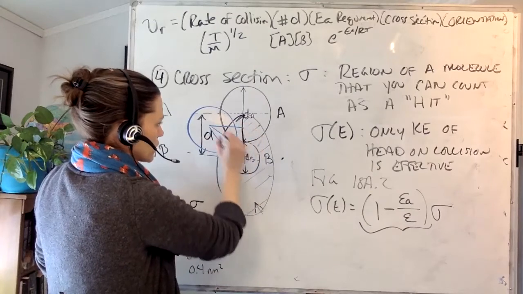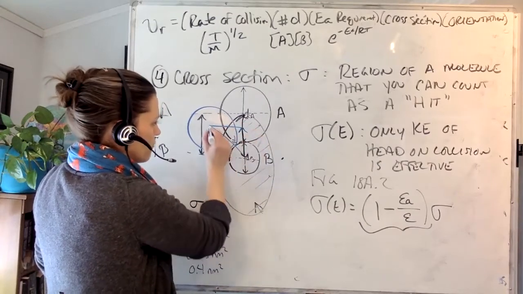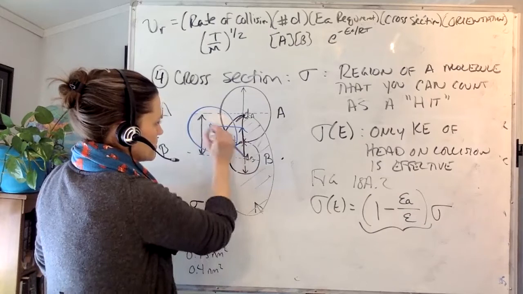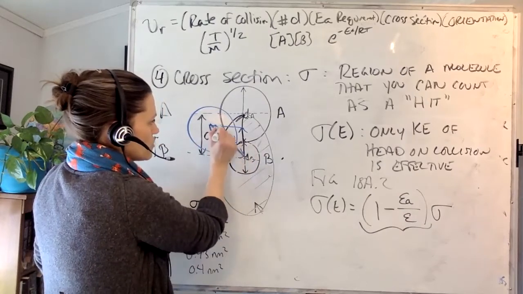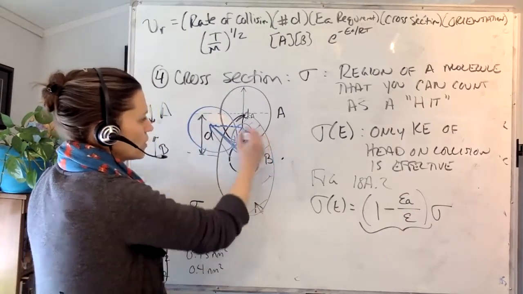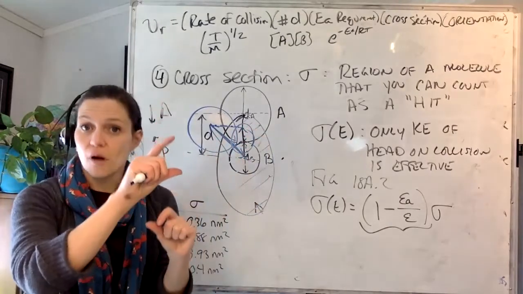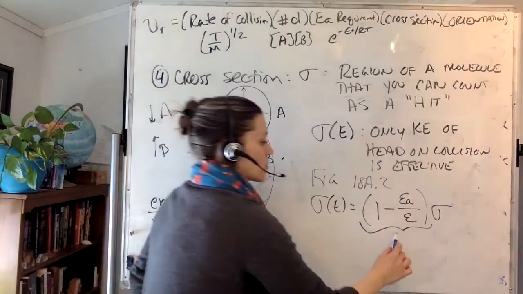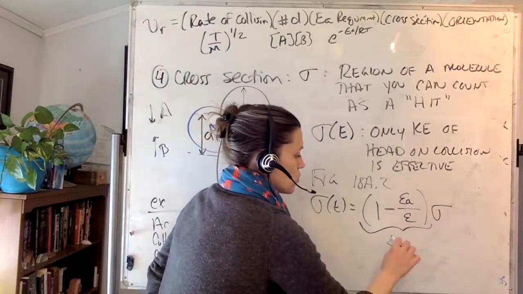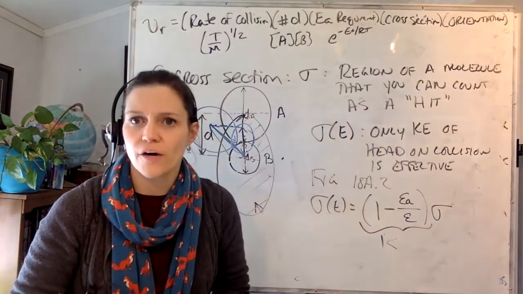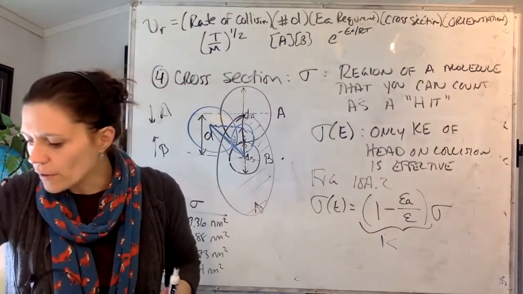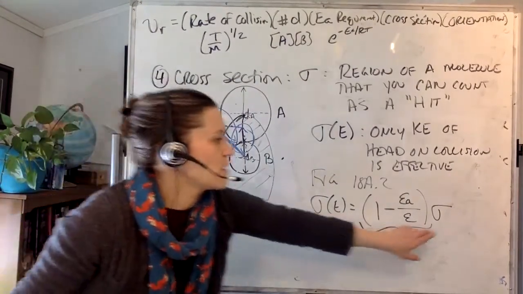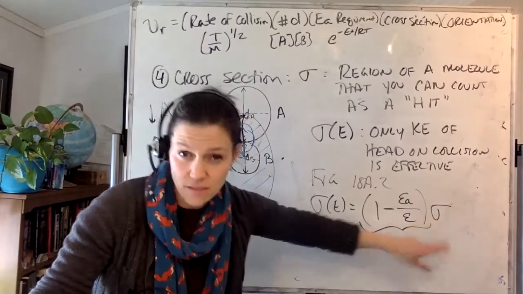So if this is the separation, then you can break this up into this component and this component. You're only going to be focusing on that component, which is a smaller contribution of the overall cross section, which means that this number is smaller, so less than 1, a value that will make your overall cross section slightly less.